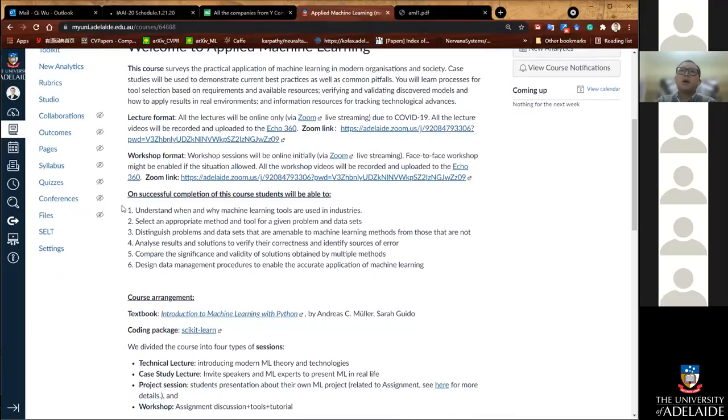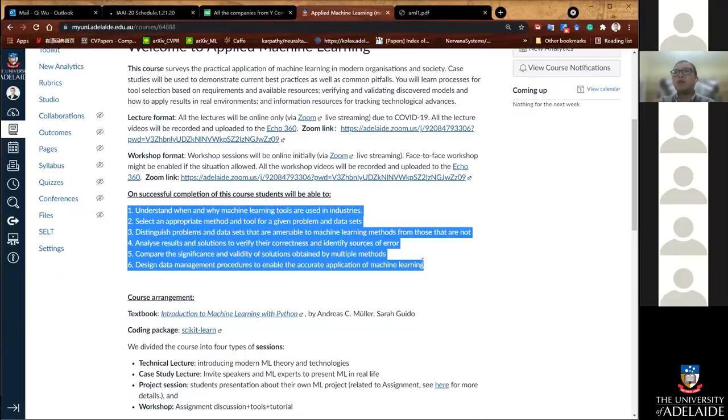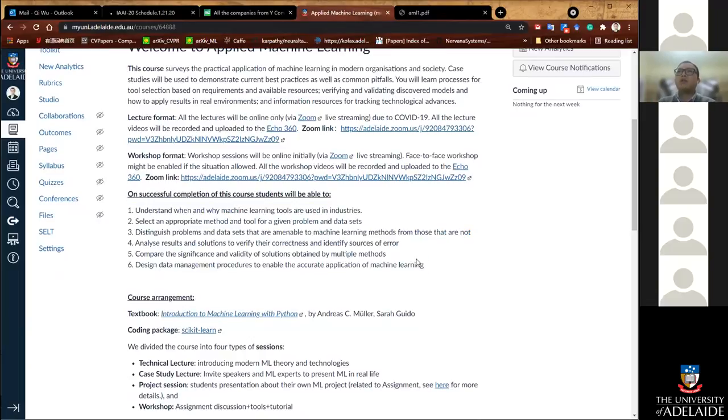Okay, so according to the goals of this course, as I mentioned, this course is not designed for the students who don't have any machine learning experience, right? Basically we assume that you already learned some machine learning techniques.